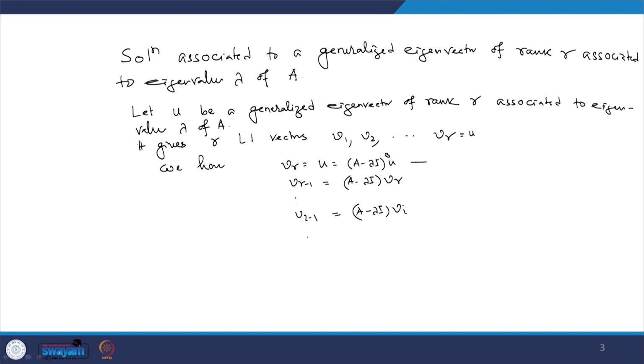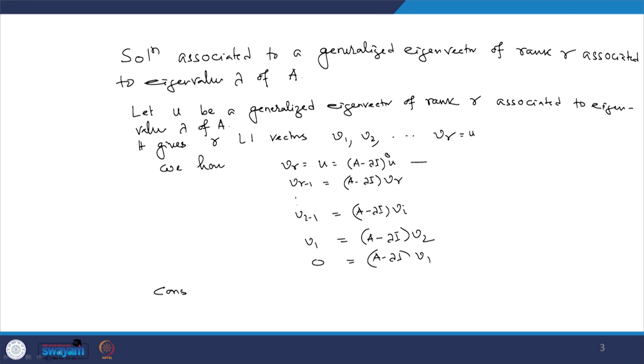And we calculated V1 will be equal to (A minus lambda I) operating on V2, and 0 is equal to (A minus lambda I) operating on V1. This is already seen.